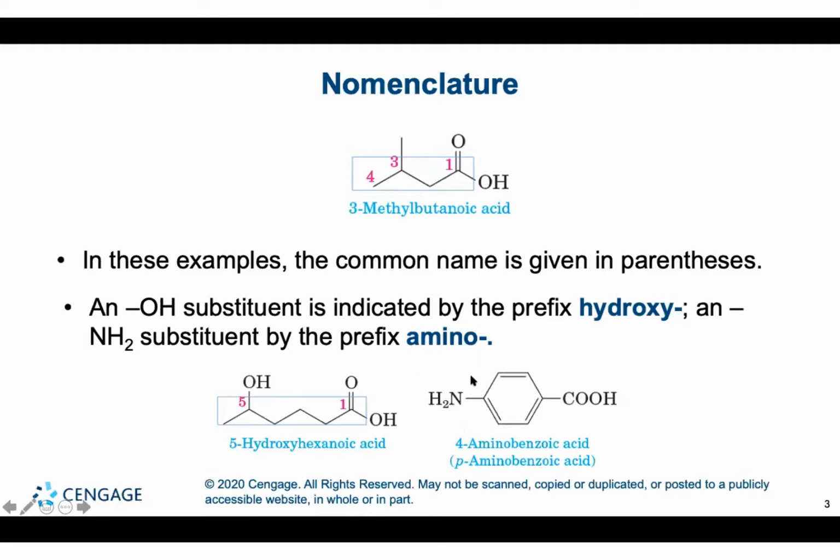So this one will be used as amino. We start numbering 1 from the branch that has the COOH in it. 1, 2, 3, 4. So it's going to be 4-amino benzoic acid, or para-amino benzoic acid.